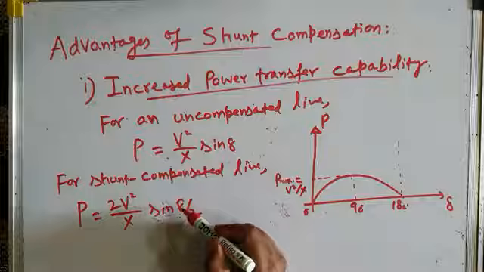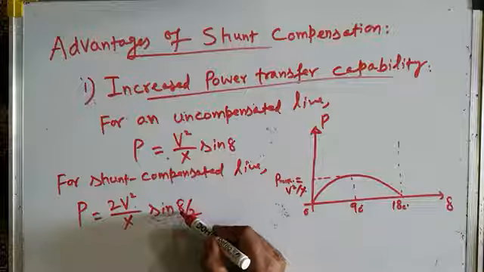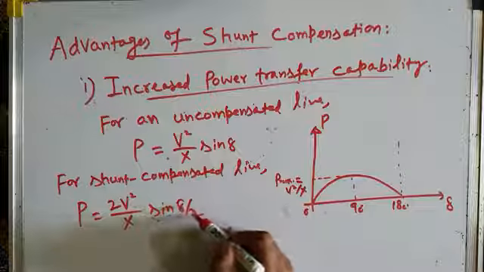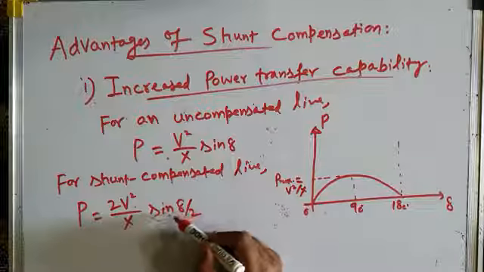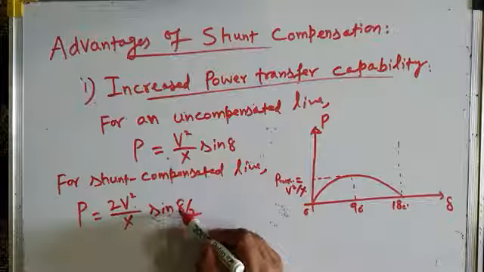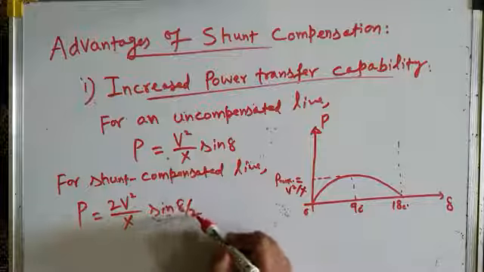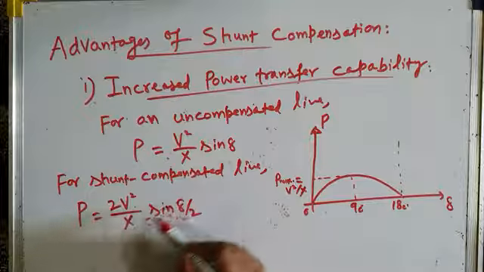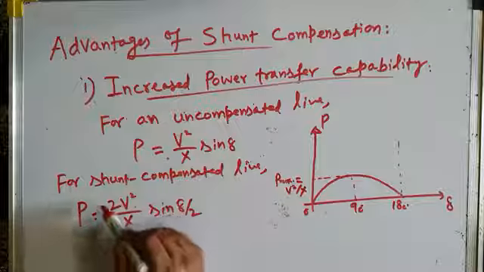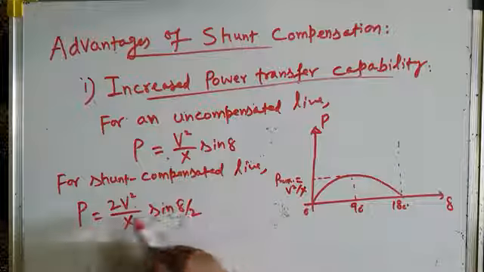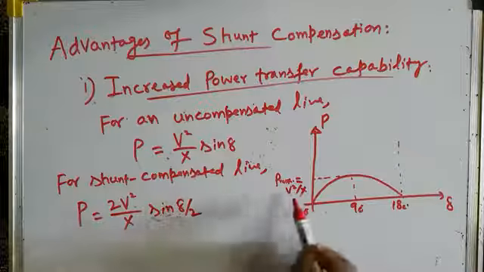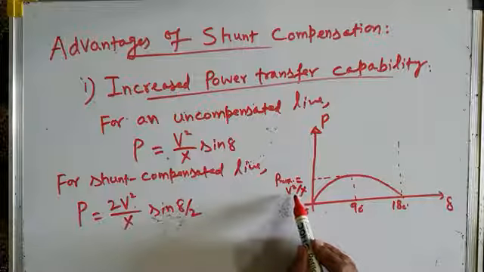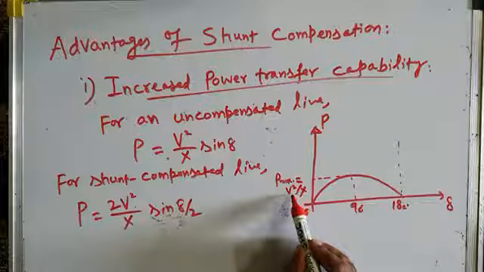Therefore, maximum power transfer will not take place at delta equal to 90 degrees, because for delta equal to 90 degrees, sine 90 by 2 is sine 45 degrees. Maximum power transfer will take place at delta equal to 180 degrees, because 180 by 2 is 90, sine 90 is 1. And how much power will be transferred by the line at delta equal to 180 degrees? 2V square by X. That is 2 times the maximum power transferred by uncompensated line.